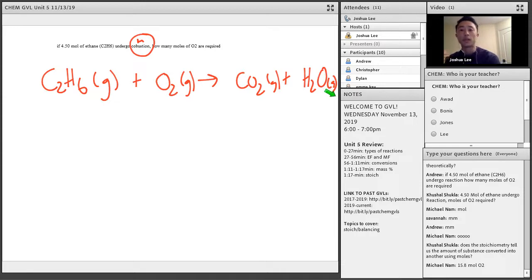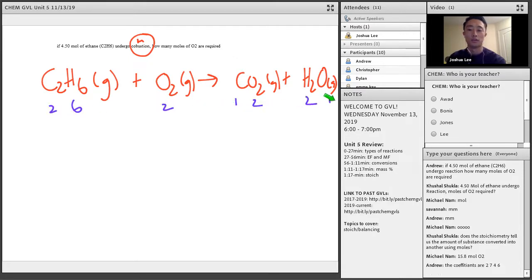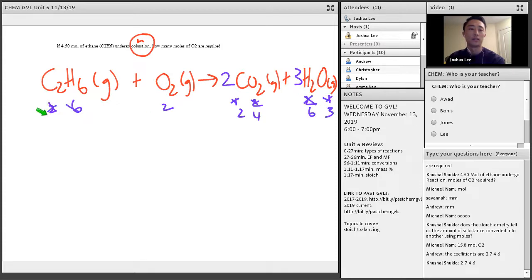So that's one topic we've learned this unit, how to make these equations. The second thing to do is balance. So I have 2 carbons, 6, 2, 1, 2, 2, 1. So I need to put a 2 in front of here. That becomes a 2 and a 4. You put a 3 in front of it here. That becomes 6 and 3. So that's good, that's good, that's good, and that's good.